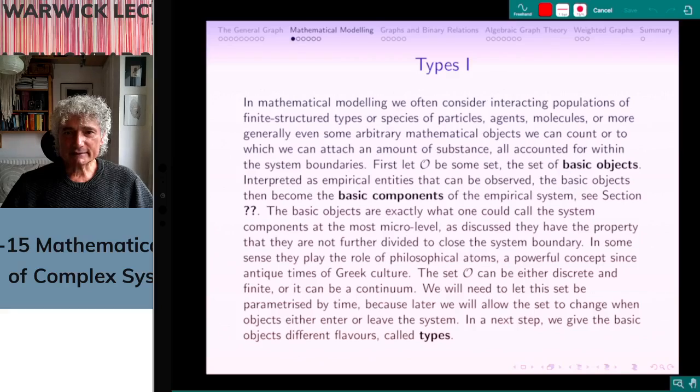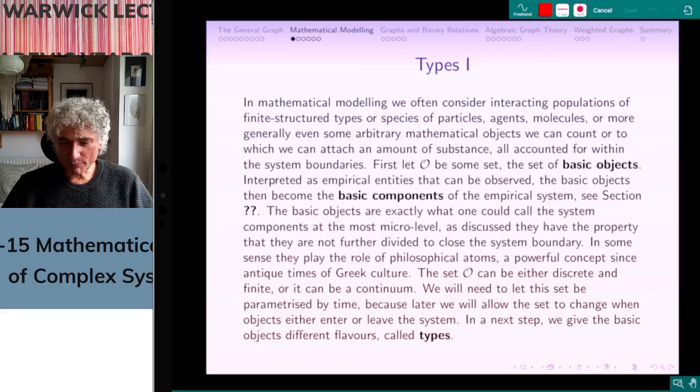I think we have already discussed what the basic components of a system are. It's very much the idea that these are like atoms which cannot be further divided. So they are the basic kind of system component you can have.